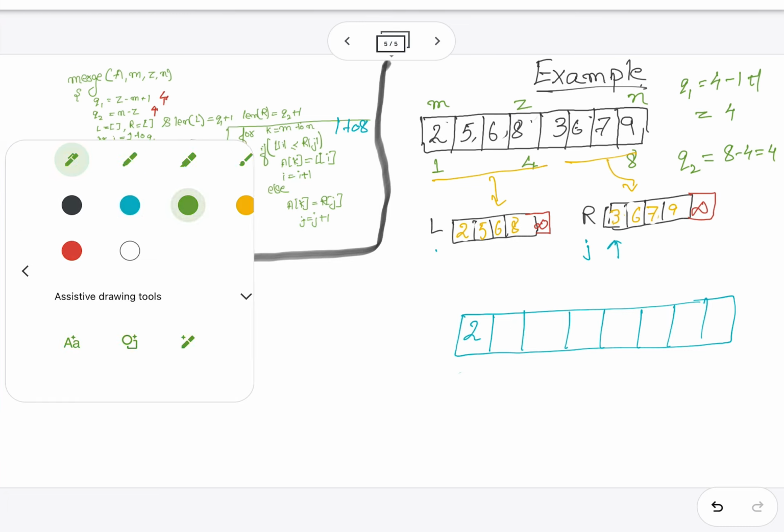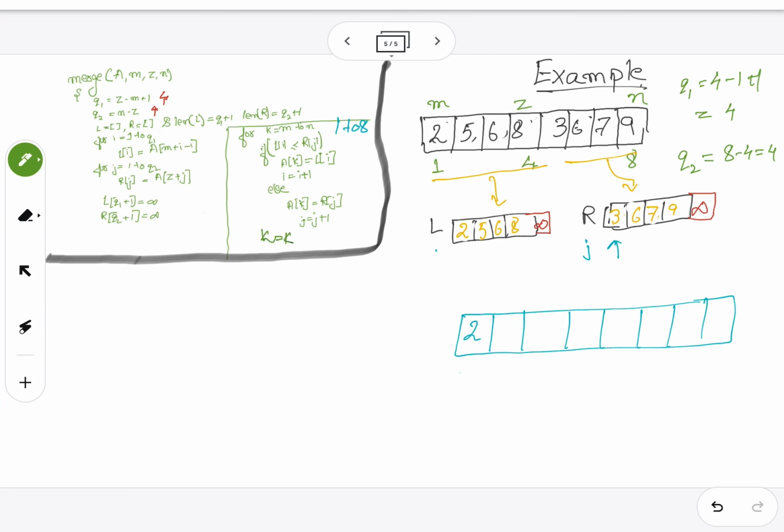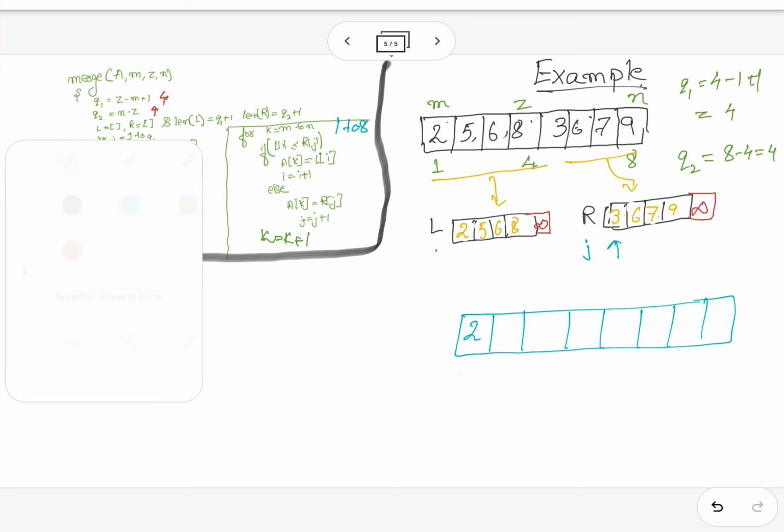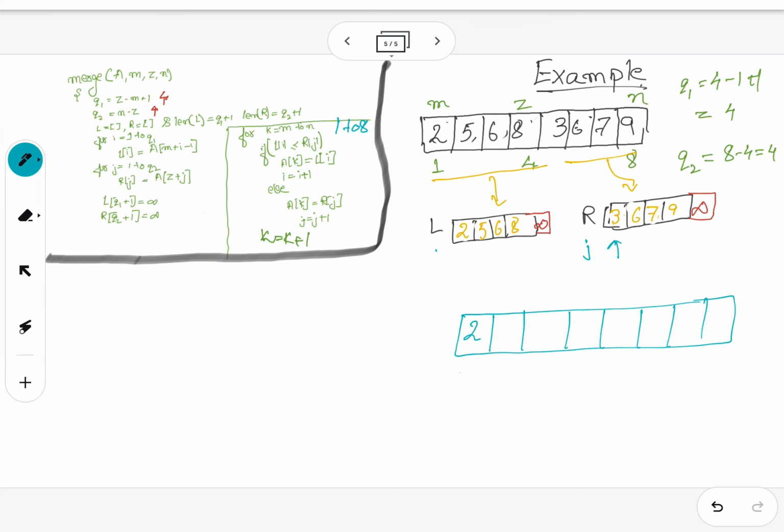Now 2 has been placed, and then 5 will be compared to 3. Now 3 will be placed down, j will get incremented, and j moves here, i is here.